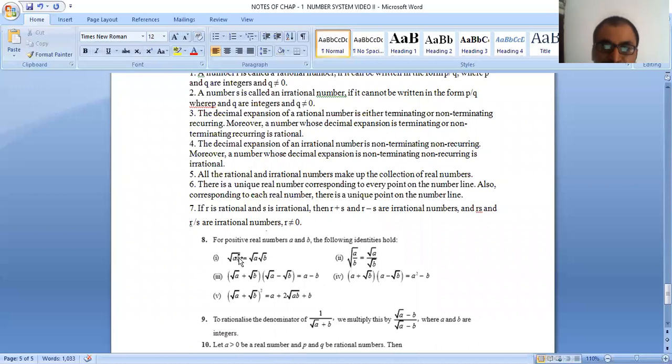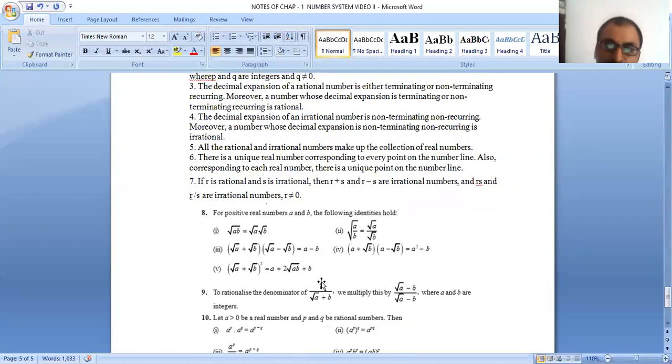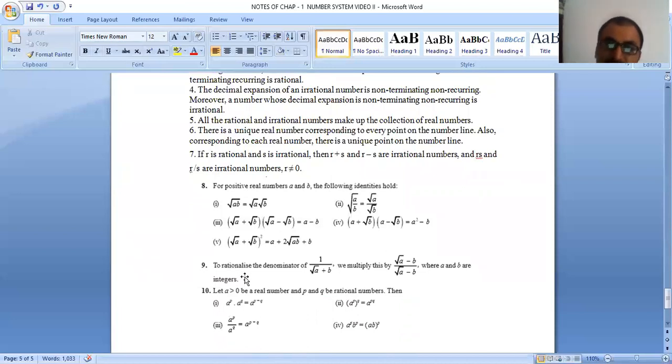These are the identities related to irrational numbers. Rationalization: how can you rationalize the given number? I have told you just now.